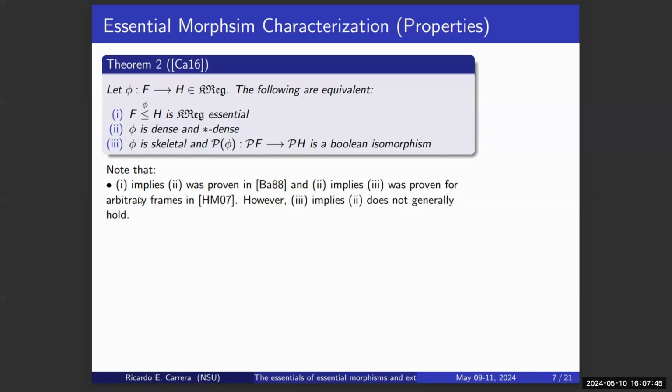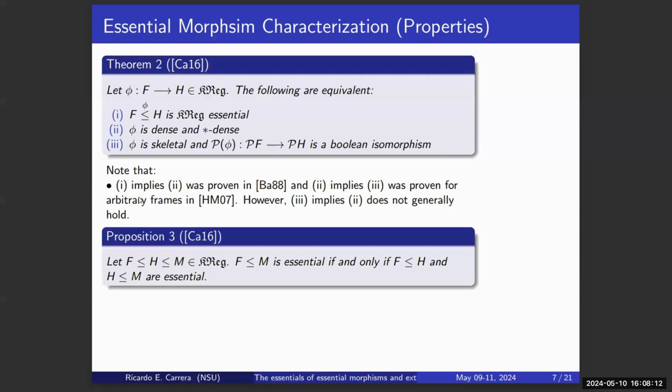The reason it works here, just to give you a summary, is that compact regular frames are generated such that an element is the sup of the polars of elements well below it. Using that in the skeletal feature allows you to get the other direction.